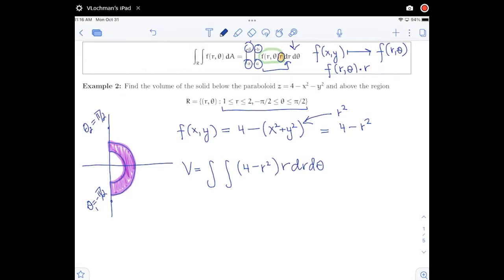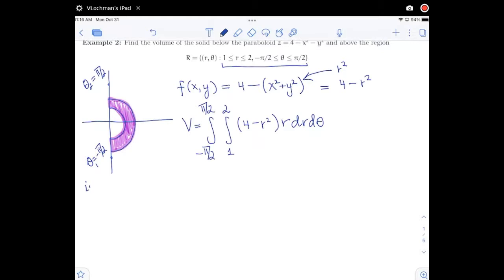What are my r limits? From 1 to 2 for r, and theta goes from negative pi over 2 to pi over 2. That's the setup. And now integrate.